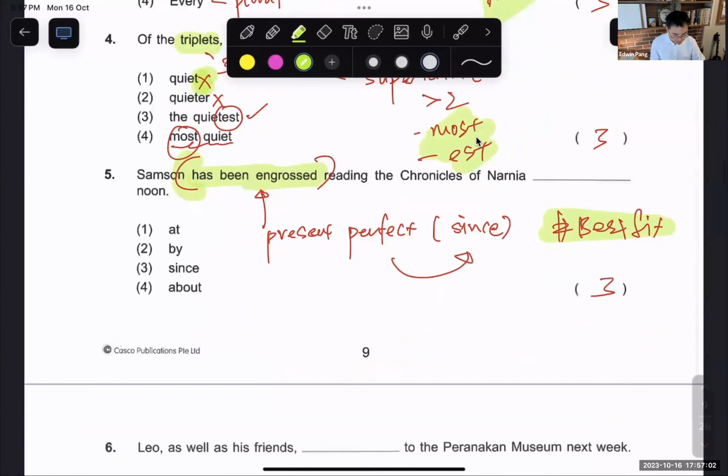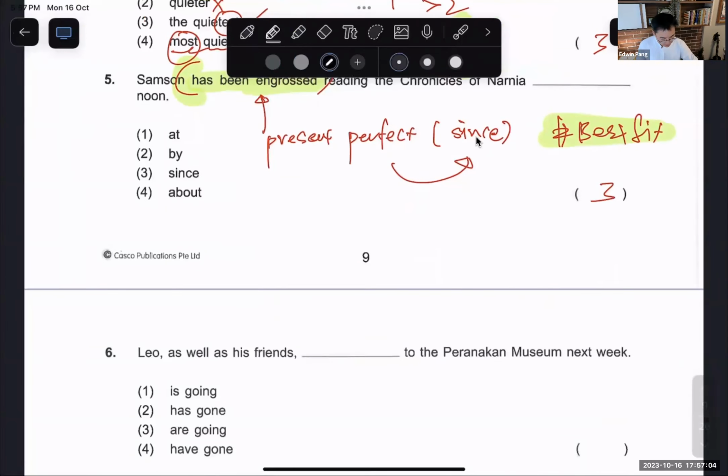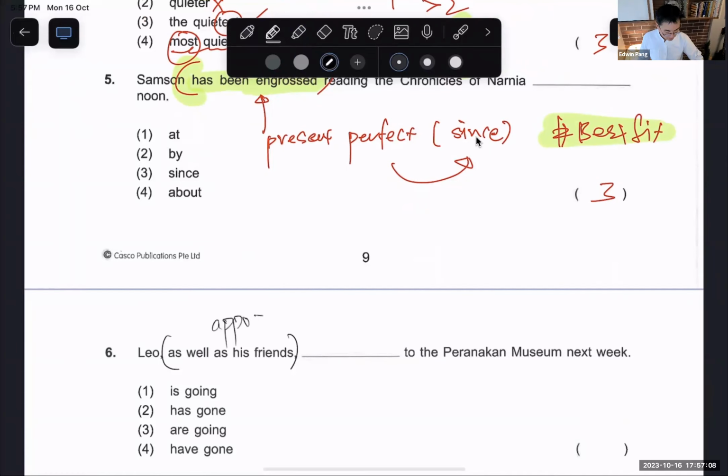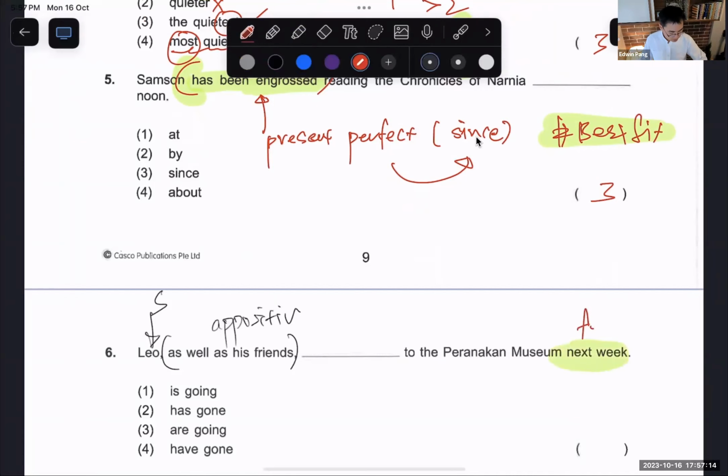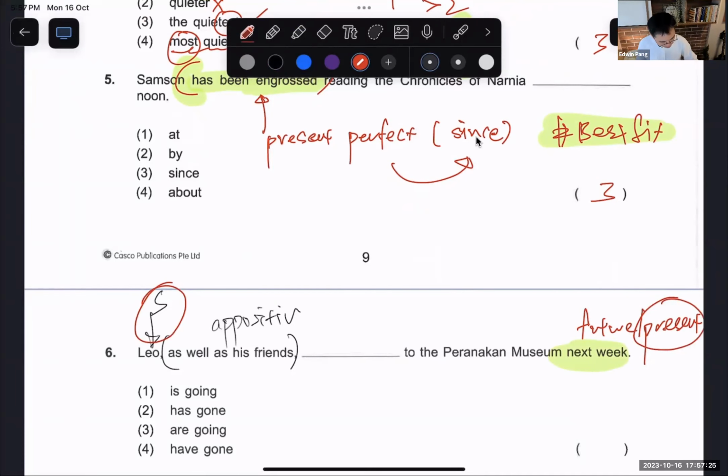Next, question 6. Again, I'm just going to put a little bracket there, an A positive. Therefore, this is the subject, and this is the time frame, which is future, which is also present. Future is always present. So if it is singular and it is present, it cannot be are, cannot be have, because these are plural.